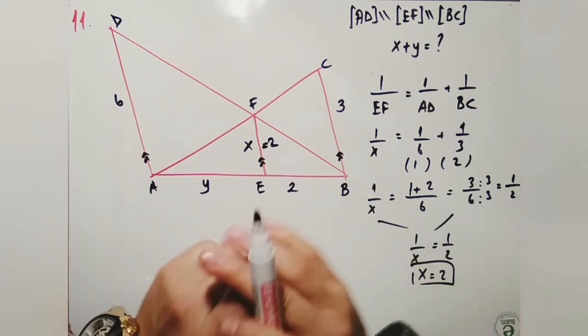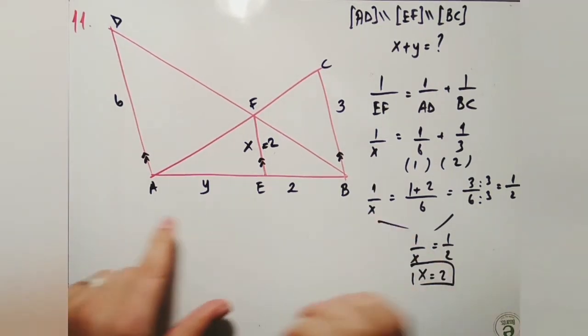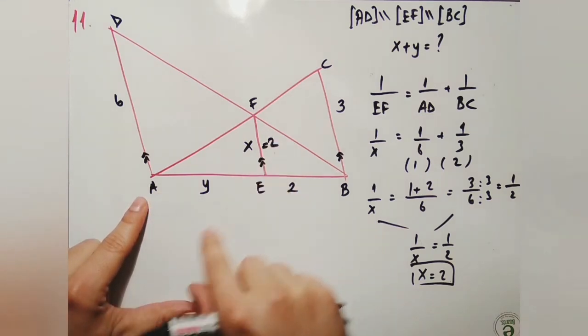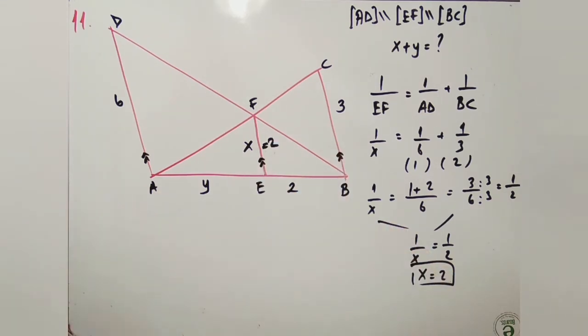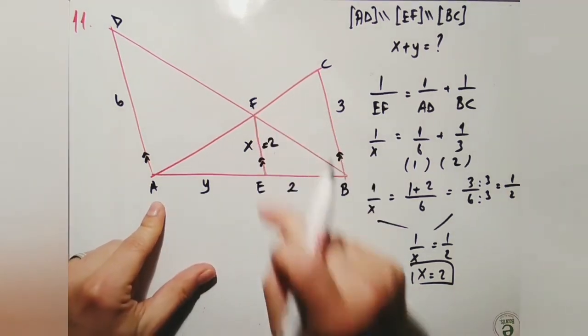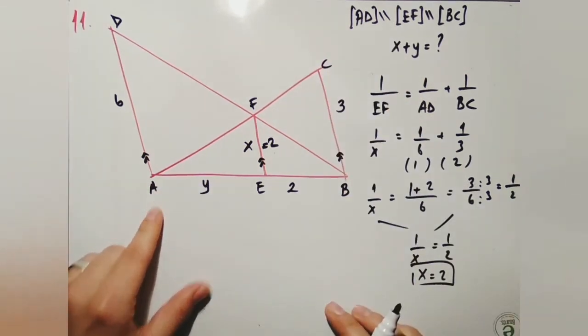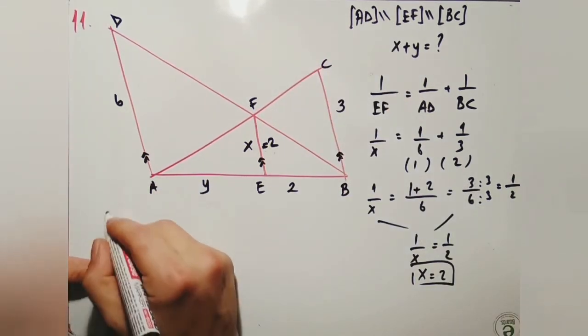And after that, EF is parallel to BC, so we will have two similar triangles, AEF and ABC. So by using the triangle proportionality theorem, AE over EF and AB over BC. Let me write this.